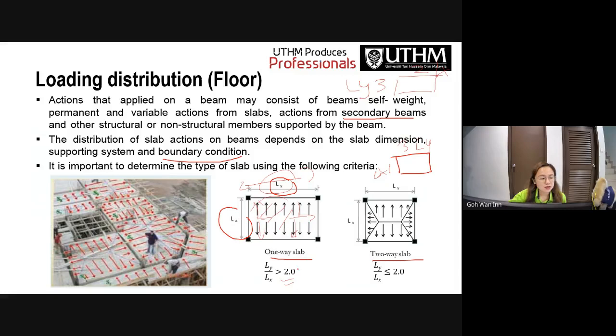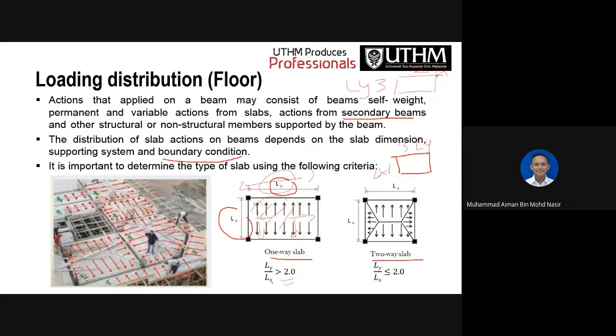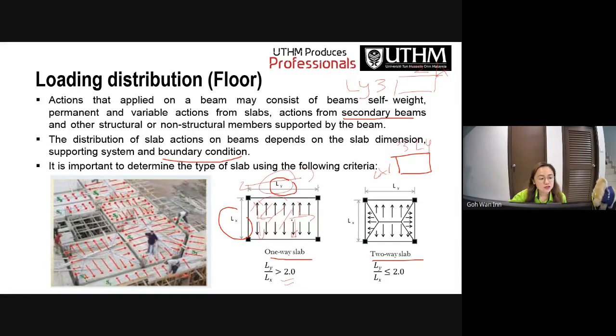You understand what I mean? One-way slab means it only distributes to 2 beams, this beam and this beam. It will not distribute to 2 axes. But for a two-way slab, Ly over Lx is less than or equal to 2.0.